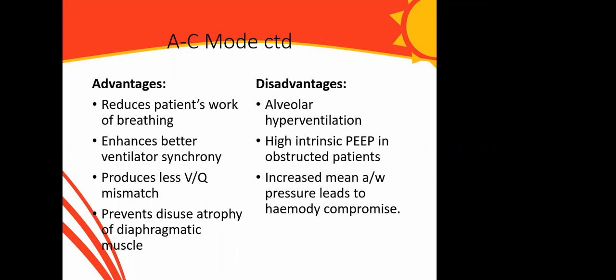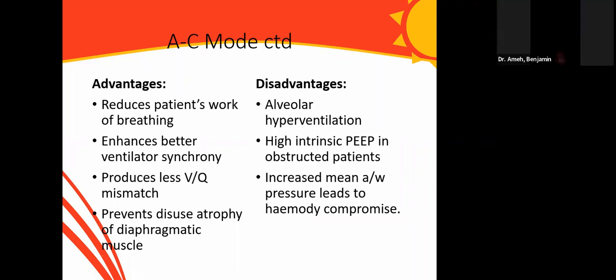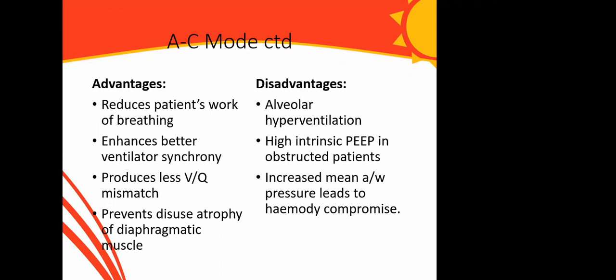As a result, it leads to less VQ mismatching. And because the patient is taking part in the breathing exercise throughout the breathing cycle, it prevents disuse atrophy, and it helps maintain respiratory muscle integrity.